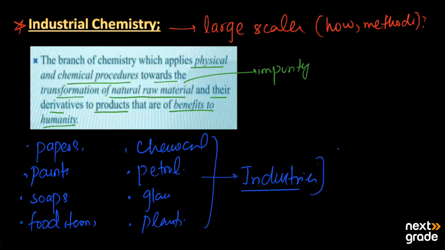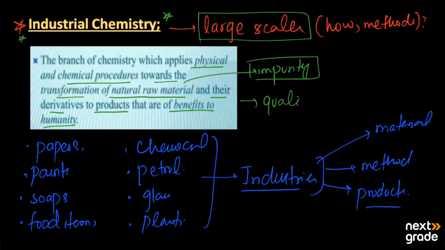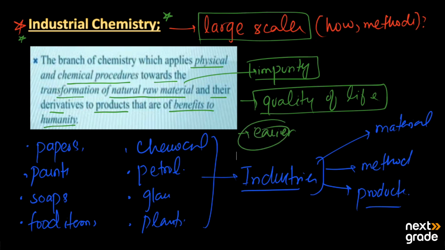Now, by which method, which type of material is being used for their production, and what products and side products are being produced, all that is studied under industrial chemistry, and all that happens at large scale production. Basically, the main role of industrial chemistry is to provide different types of things to improve the quality of life on the earth crust, and it also makes life easier than the previous one.